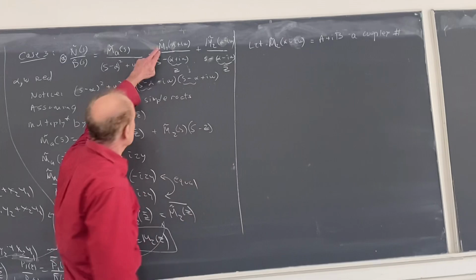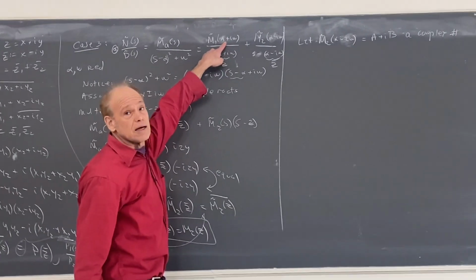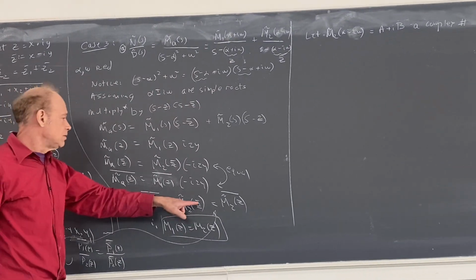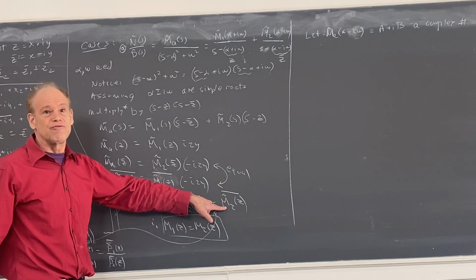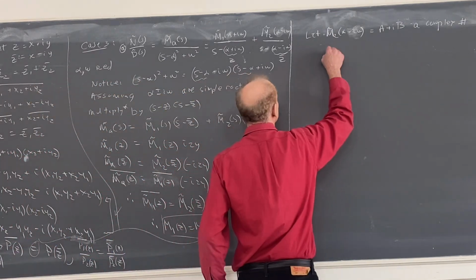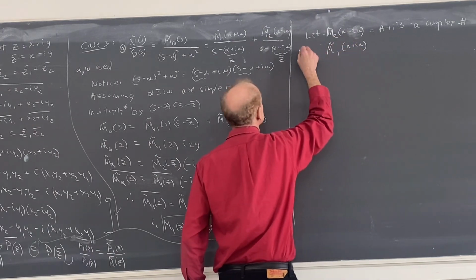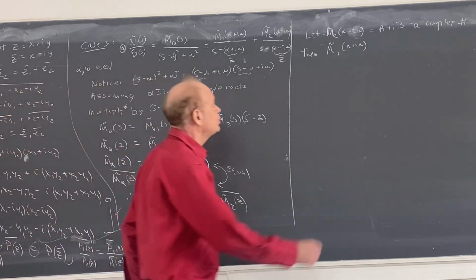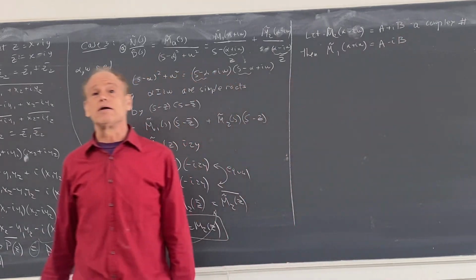Well, this guy is the same function, but at the complex conjugate of its argument. And we said that the function at its complex conjugate is just the complex conjugate of the function of z. So in other words, n1 tilde of alpha plus i omega, by virtue of this, is just equal to a minus ib, just the complex conjugate of that.